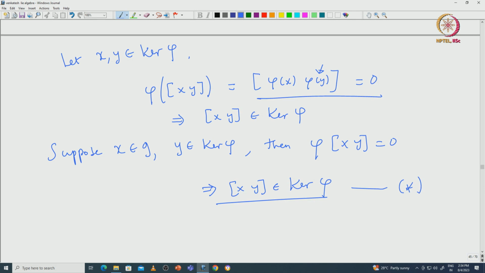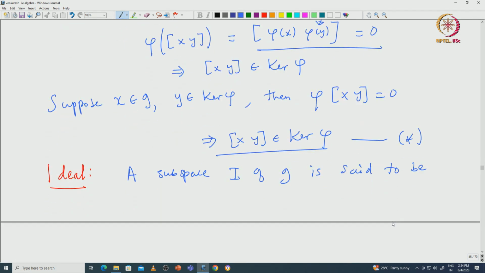So, what is the definition of ideal? You start with a subspace. A subspace I of G is said to be an ideal if the following holds.